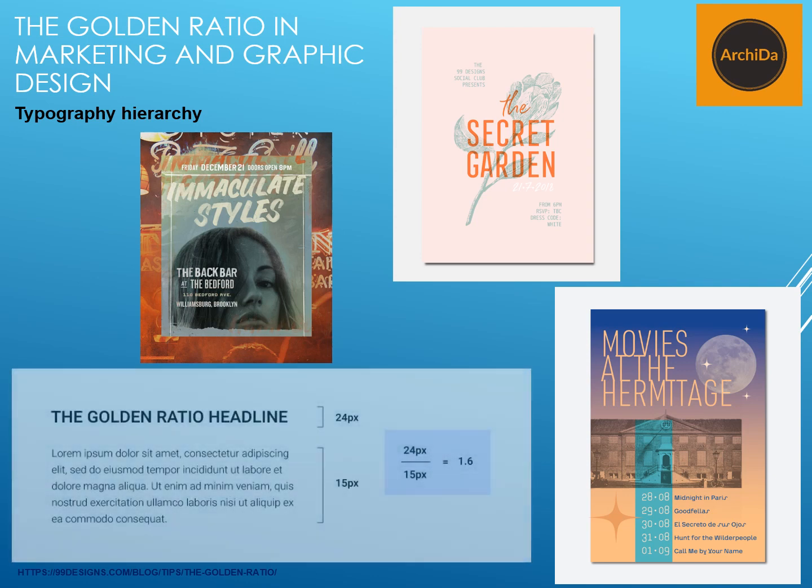For example, let's say when you're working out your copy hierarchy, your really important text is letter A, then your sort of important text, letter B, and your not so important text, letter C. If your smallest font size for C is 10 pixels or px, then multiply that by 1.618 to get a rough guide for the next or the succeeding larger sizes.